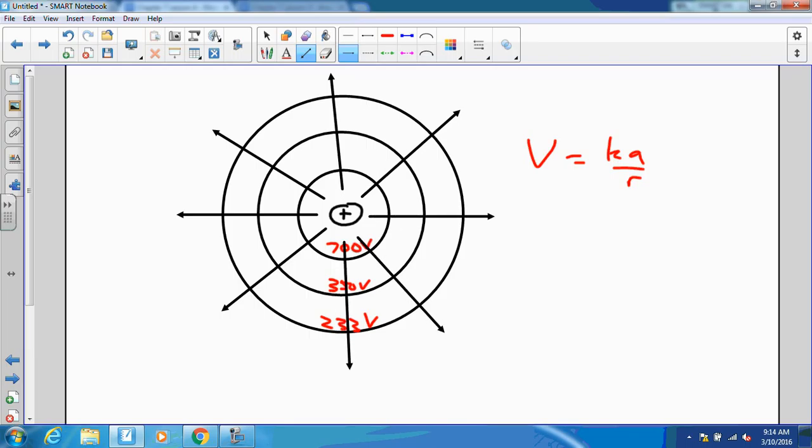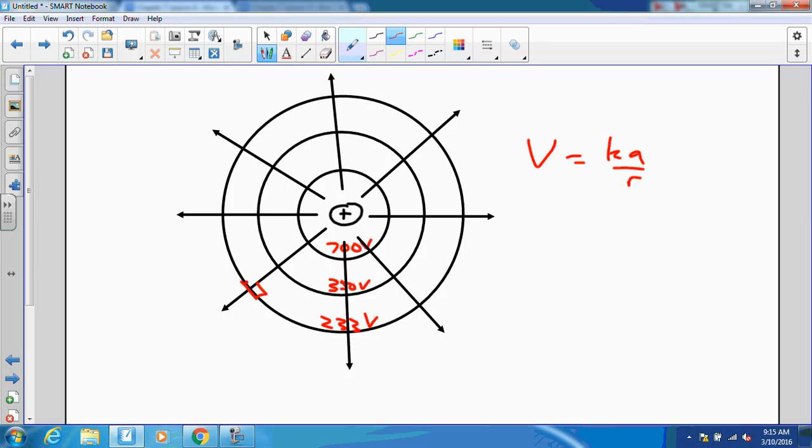What is the angle between the field line and the tangent to the equal potential line? They're perpendicular. That's exactly right. Field lines and equal potential lines will always make right angles with each other.